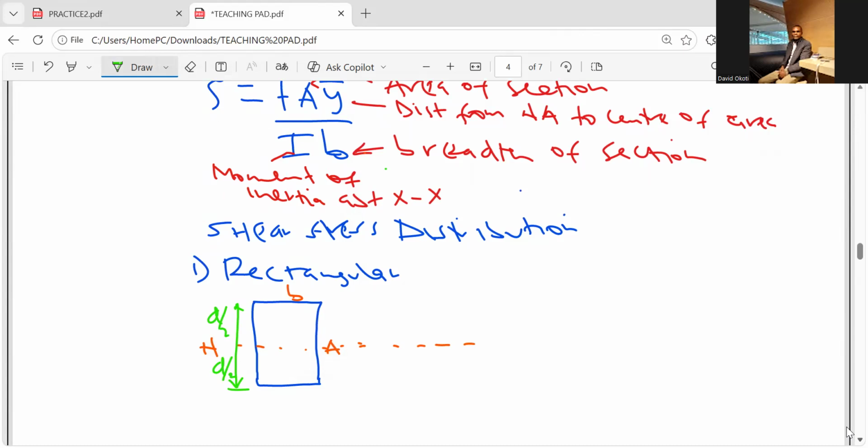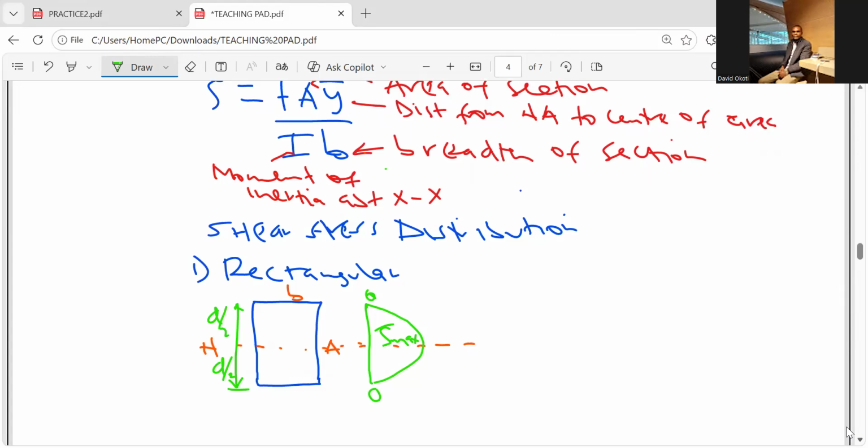Now for the case of a rectangular beam section, the shear stress distribution takes this particular shape. It has a maximum value here. Then it has 0 at the top and 0 at the bottom, but we have a value of maximum shear stress at the center of our beam section.